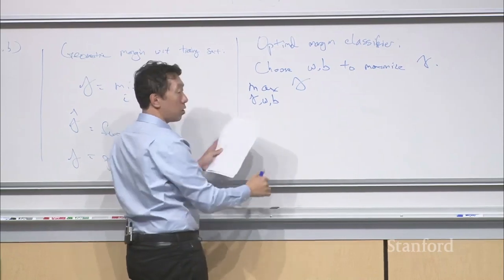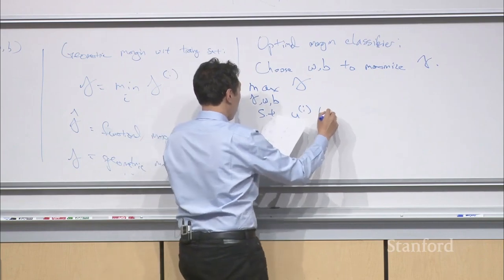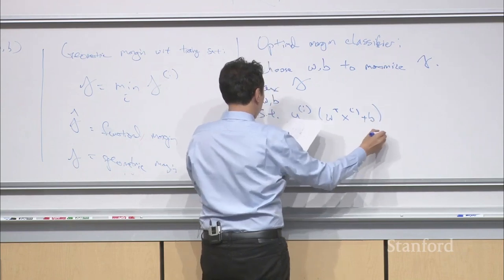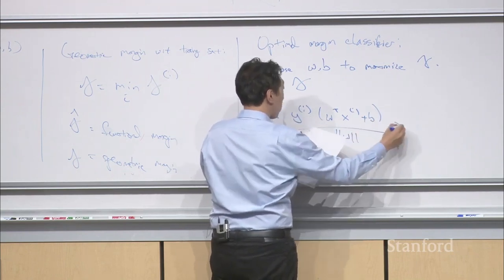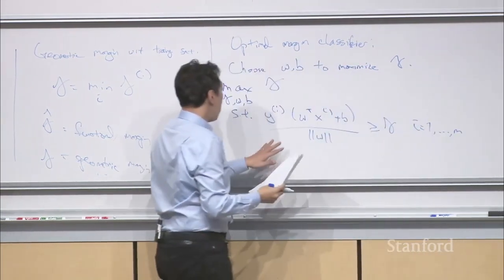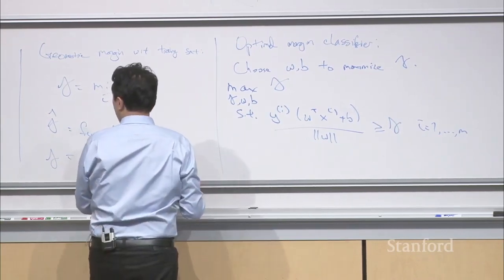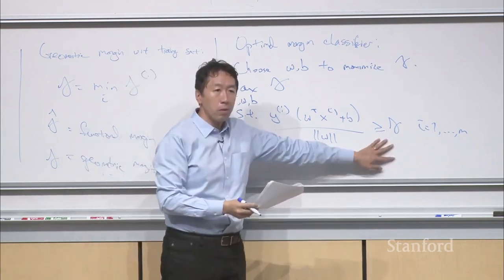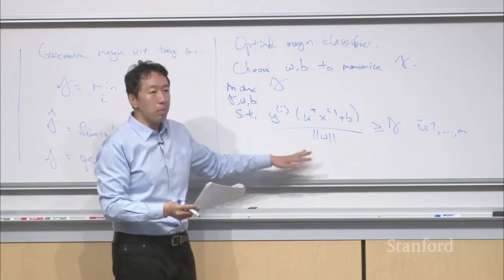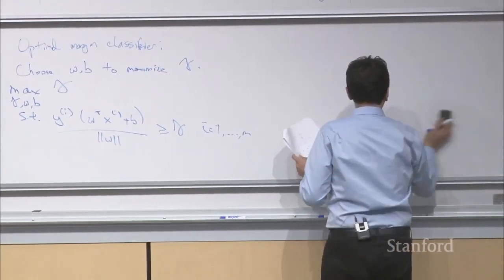So you want to maximize the geometric margin subject to every training example having geometric margin greater than or equal to gamma, right? So you want gamma to be as big as possible, subject to every single training example having at least that geometric margin. This causes you to maximize the worst case geometric margin.